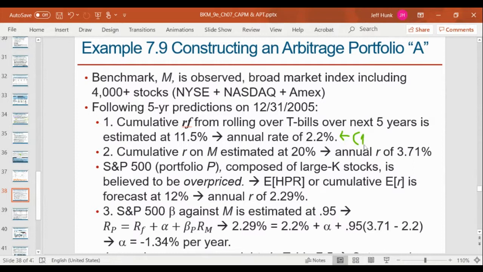Look, if it is 11.5%, you raise it to the power of one-fifth.